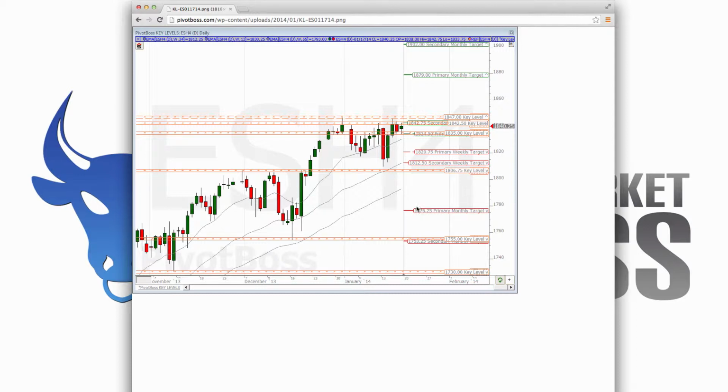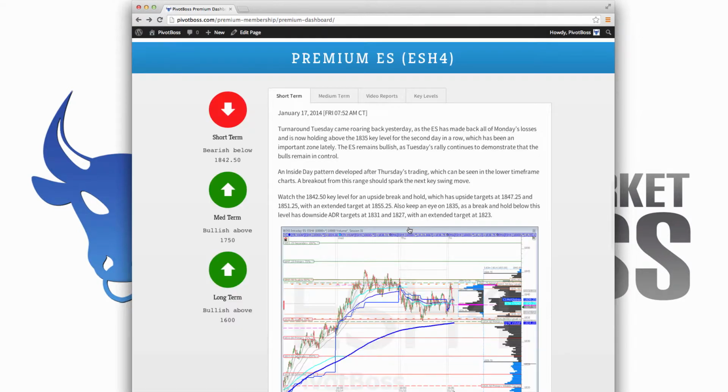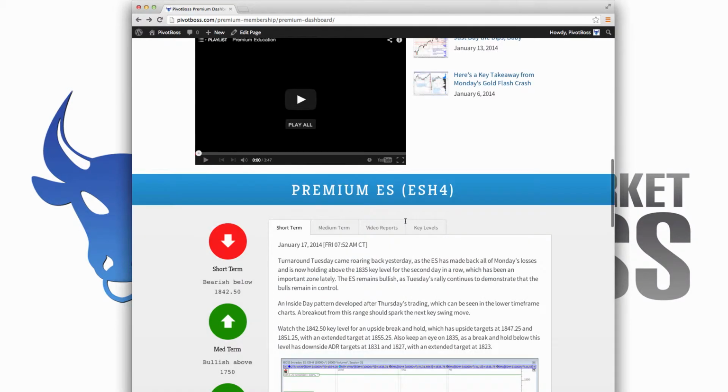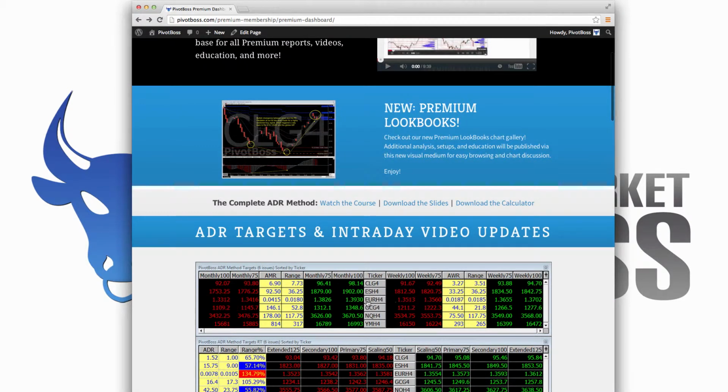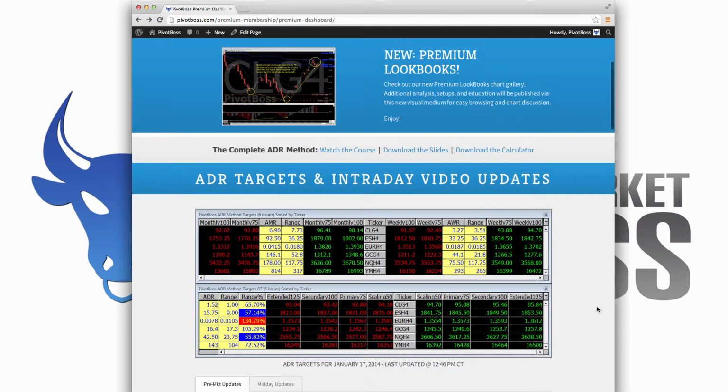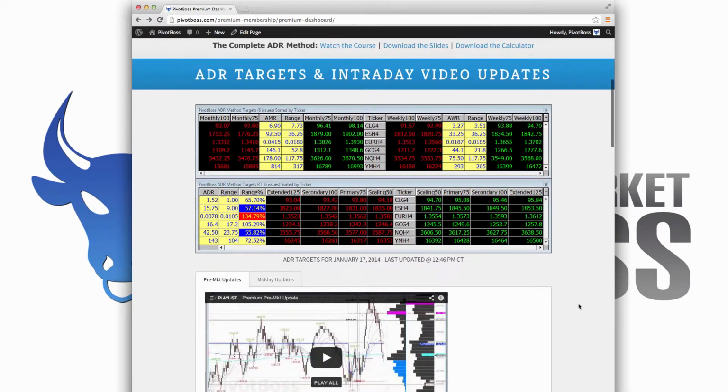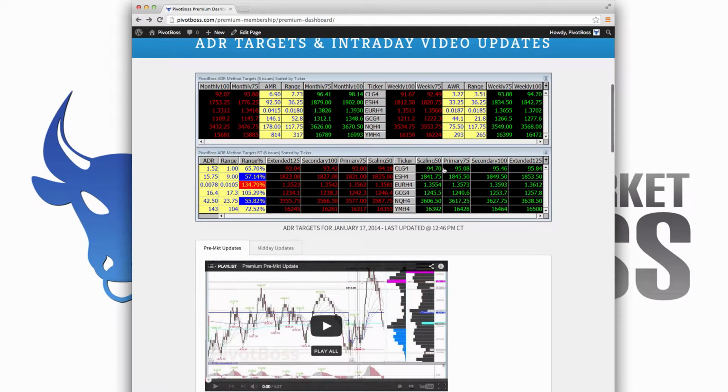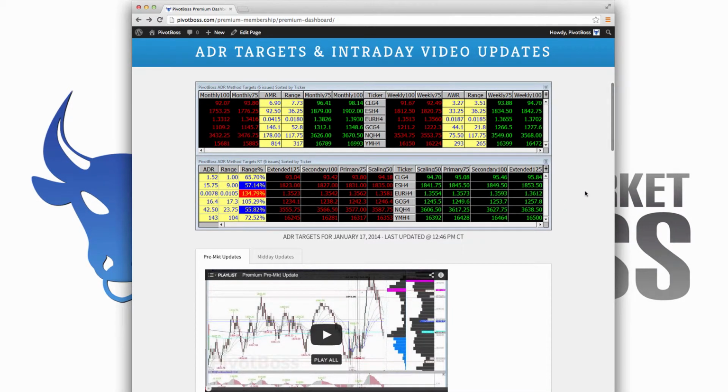These are all the same values that you see in the actual quote page that is found above. So these values are then being translated onto the chart. When you see them on the charts, just know these are the exact same values, and you're able to see them in two different ways, visually on the chart, and again in a compacted view on the quote page. So that is your ADR targets and intraday video updates section there.